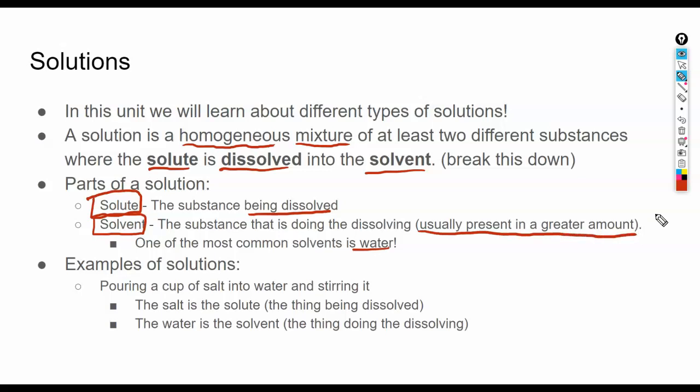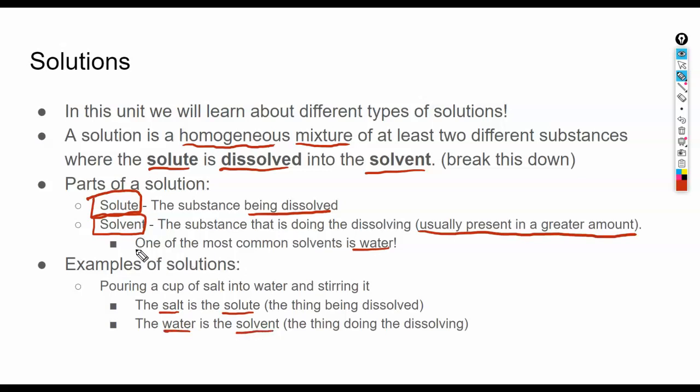Unless the solvent is water, and honestly, in most solutions the solvent is water, because usually you're putting stuff into water and mixing it together to make your solution. So you have the solute and the solvent. As a simple example, if you pour a cup of salt into water and you stir it, the salt would be the solute because that is what is being dissolved, and the thing doing the dissolving is the water, so the water would be the solvent.